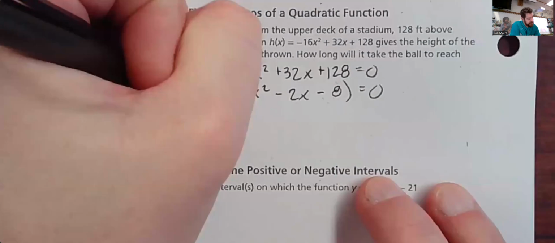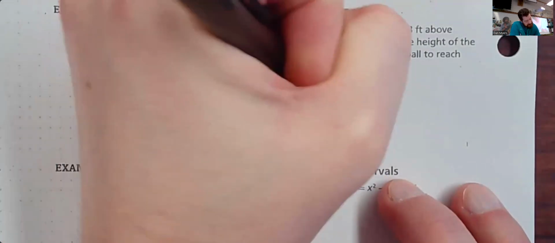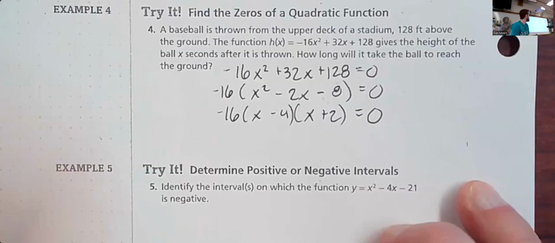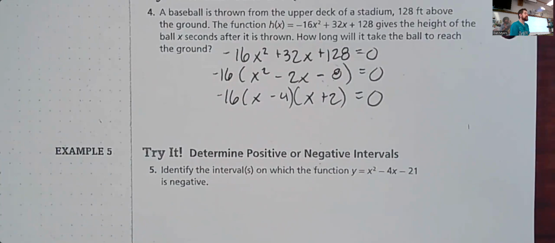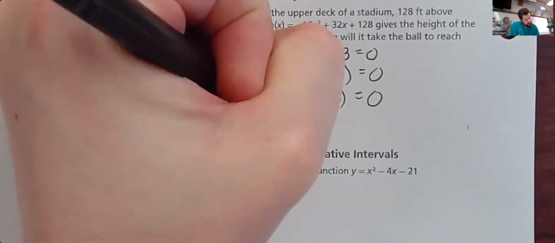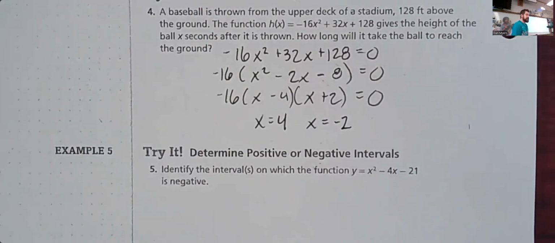Good. So we got negative 16 times x minus 4 times x plus 2 equals 0. What are our two values for x? X equals 4, x equals negative 2. Which of those values makes sense for how long it takes a ball to reach the ground?